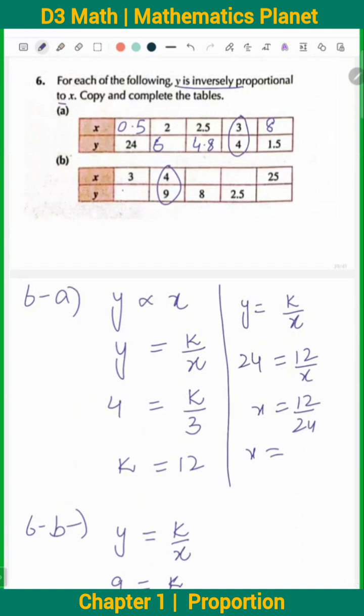Okay. Number 1. 12. Number 3. 6. 4. 4.5.